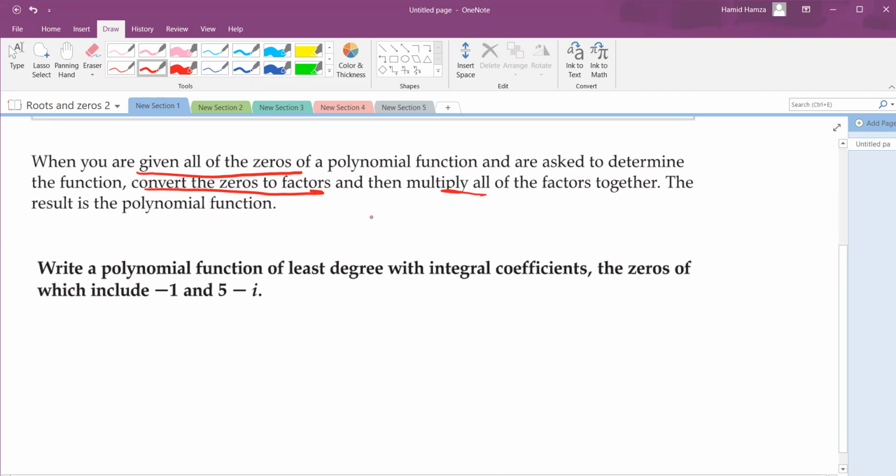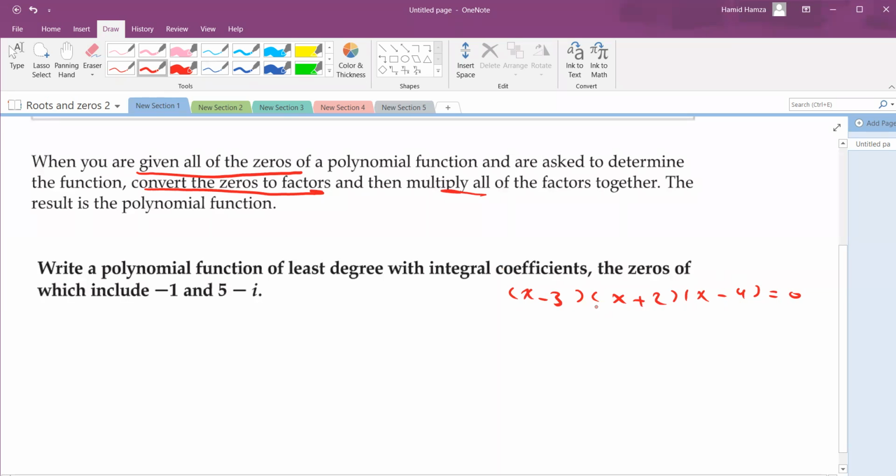The question now, how to change zeros or roots to factors. So do you remember if I have something like this equals 0, it has factors x minus 3, x plus 2, and x minus 4.